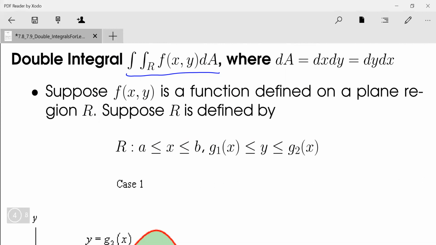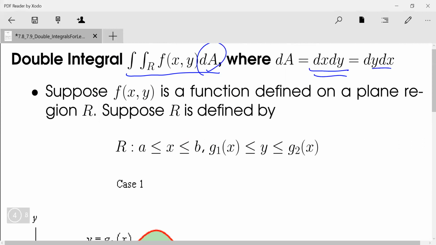Now the order here, dA, could be dx dy or dy dx. They are really the same, but when the orders are different, it indicates that we are going to integrate one first and another one second.